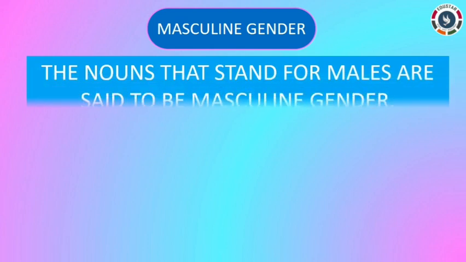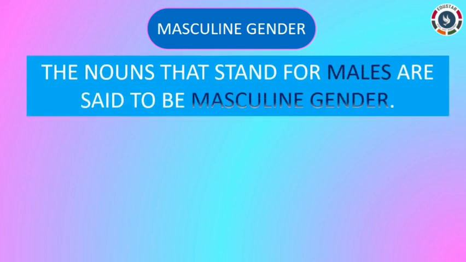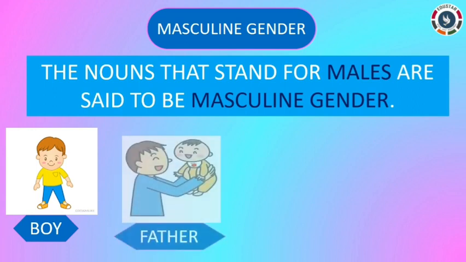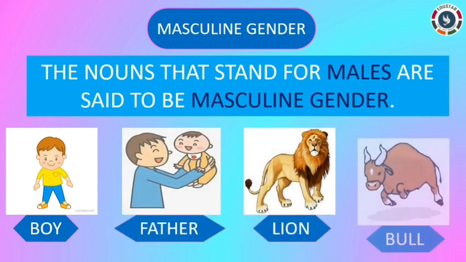Now let's see masculine gender. The nouns that stand for males are said to be masculine gender. That is the name of a male person or male animal. For example, boy, father, lion, bull.